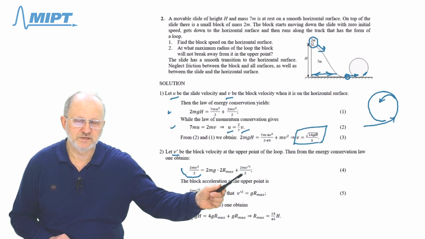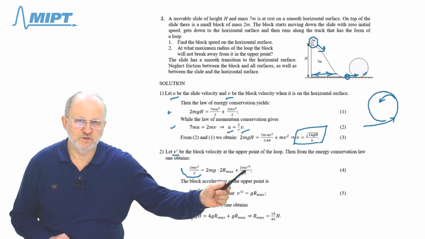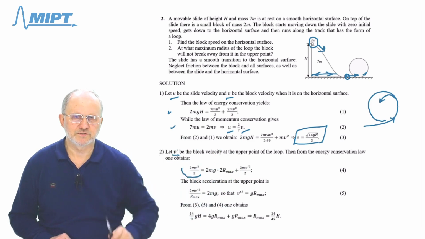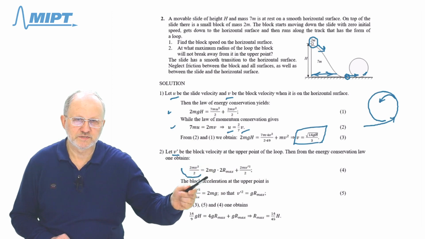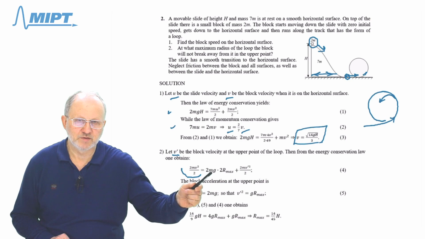The kinetic energy has a simple form, which is the mass of the block 2m times velocity v prime squared of the block at the upper point of the loop. And the first term in this equation is the potential energy of the body of mass 2m, that is the block, and g is the acceleration of free fall, and 2r is the diameter of the loop, which is the maximum height of the block above the surface.